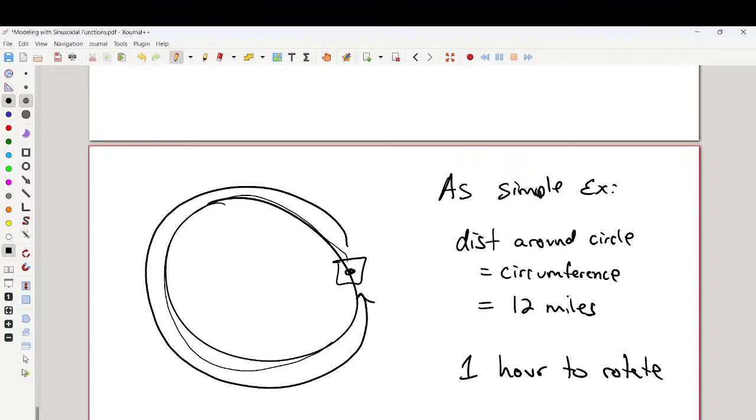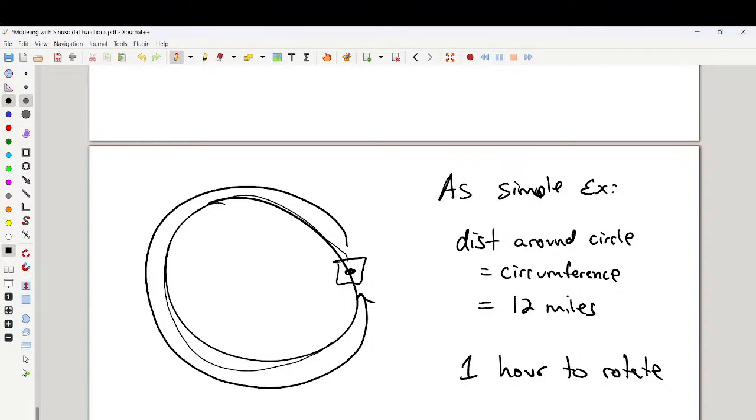But if you were to take this circle and flatten it out so it laid on the earth as a flat object, imagine a string, and then you cut the string and lay it out. How long would that string be? 12 miles.